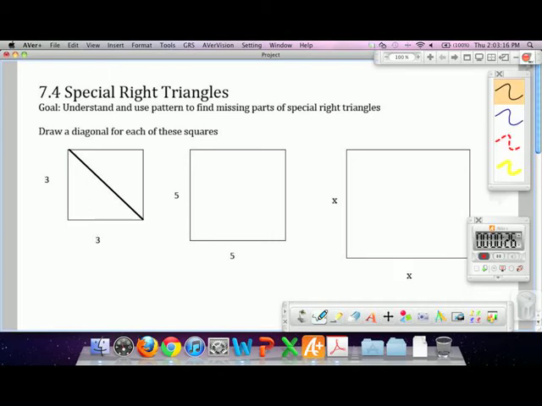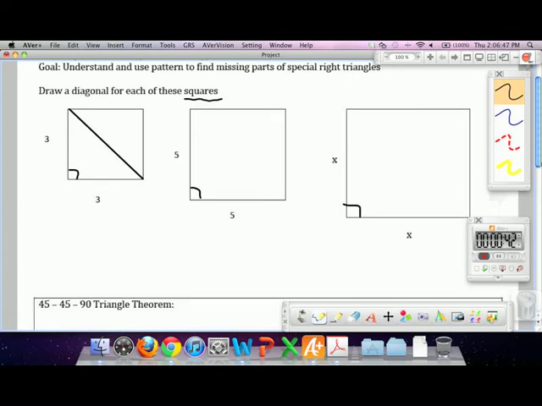Notice that these are by definition squares, so these are all right angles. So if you would, calculate what the length of this diagonal should be for each of those 3 squares. Notice this is a general x. With any luck, you got something resembling the following. 3 squared plus 3 squared equals c squared.